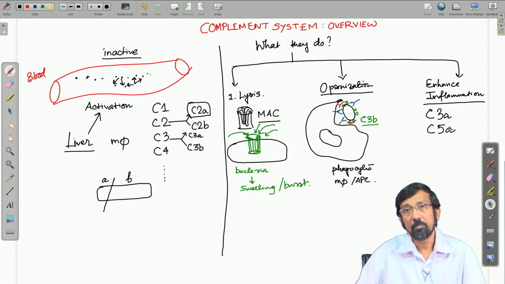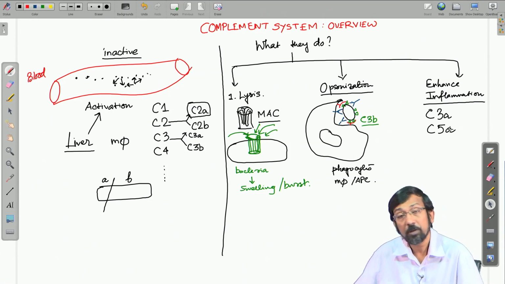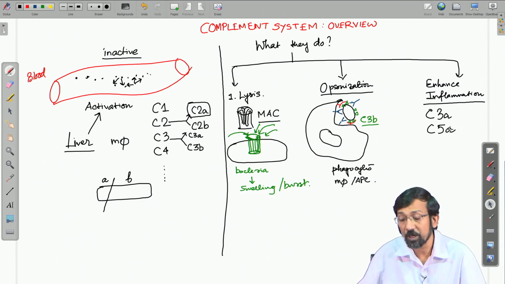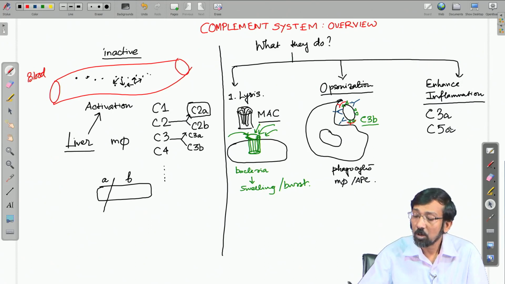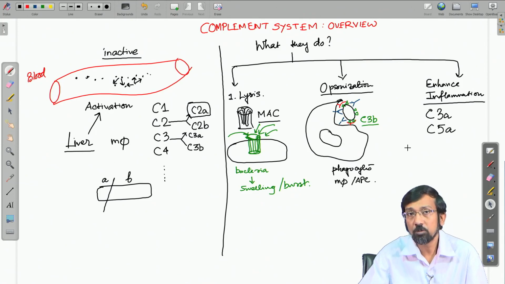These are the major mediators of enhancing inflammation. For example, in our initial classes on innate immunity and inflammation, we discussed the migration of the neutrophils.